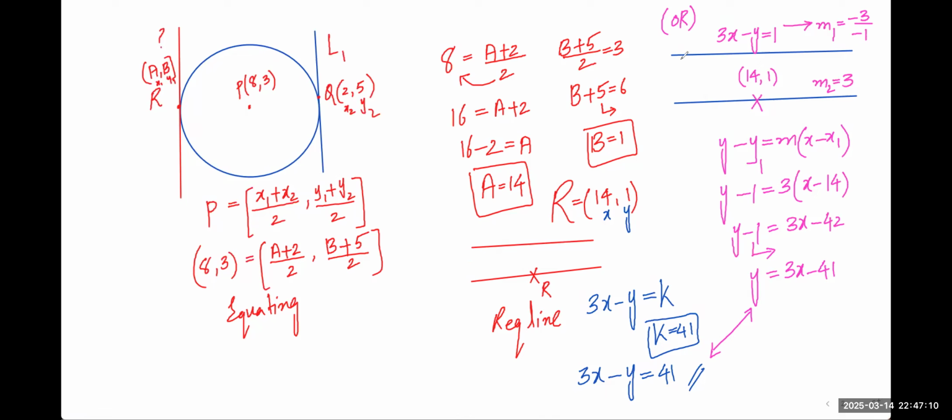If you find that constant, you will get the required line. The hint for finding that constant is that two lines are parallel if their gradients are the same. The gradient of the first line is m1, the gradient of the second line is m2. For perpendicular, m1 into m2 is equal to -1. This is all about coordinate geometry.